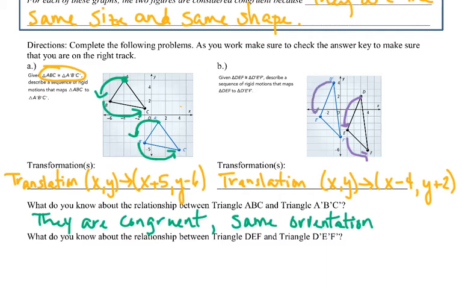D prime, E prime, F prime is also counterclockwise, so these have the same orientations. If it has different orientations, it means there's some kind of a reflection happening. The same orientation means it's a slide or a translation, which is the same thing, or a rotation. And these are also congruent.